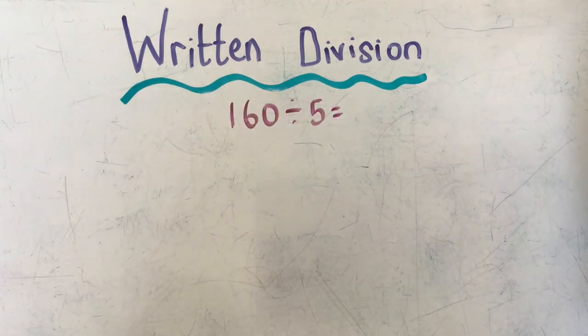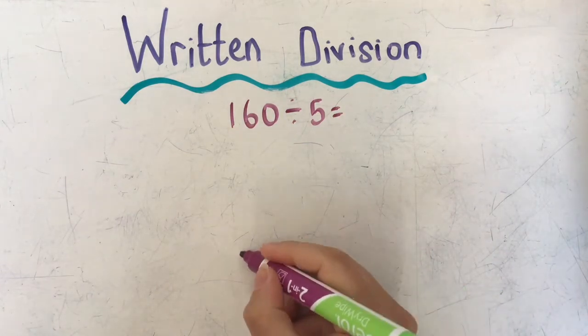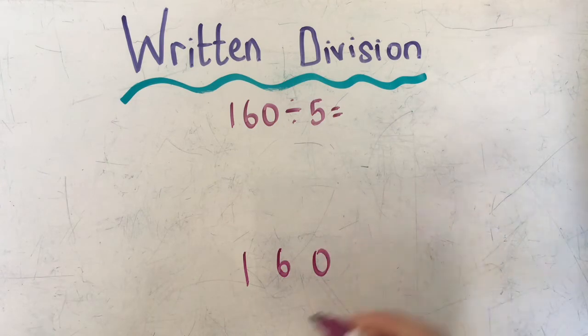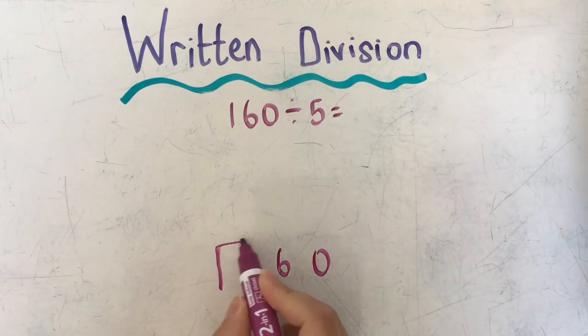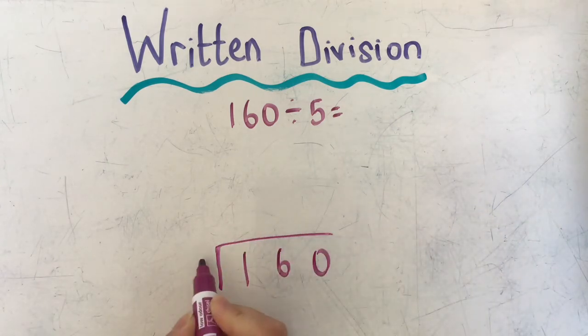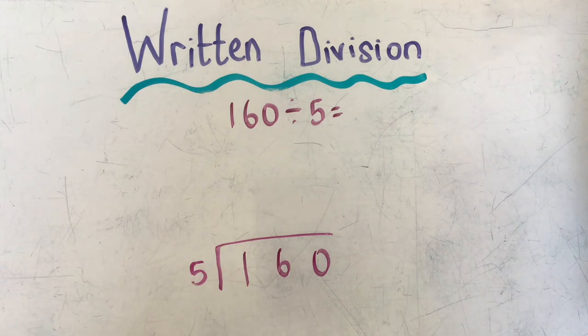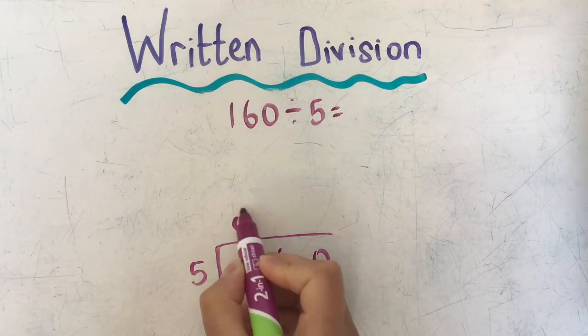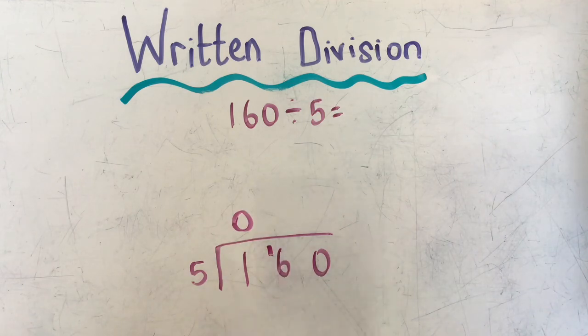So your second question was 160 divided by 5. As always, we write out the 160 first of all. Then we draw in our bus stop, and we put the number 5, or the divisor, in front of it. 5 goes into 1 0 times, and we carry over the 1. 5 goes into 16.